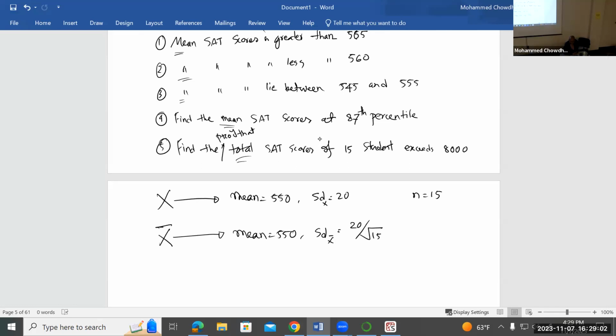So now mean equals 550 and standard deviation equals 20 over square root of 15.